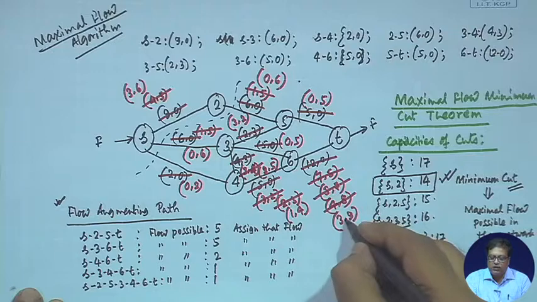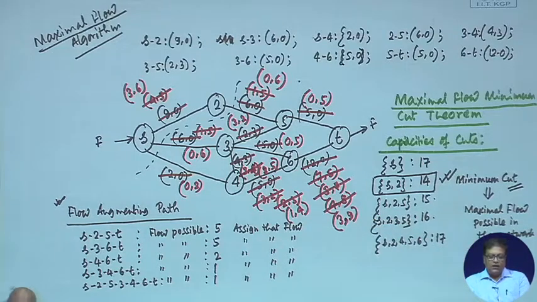Right. So, this is what the maximal flow algorithm is: identify the flow augmenting paths, assign that flow and change the flow capacities accordingly as you assign the flows.